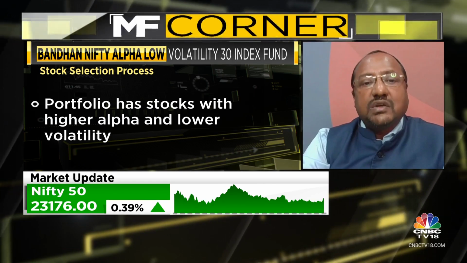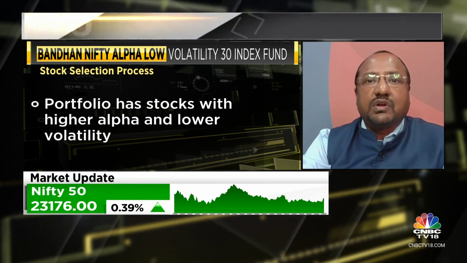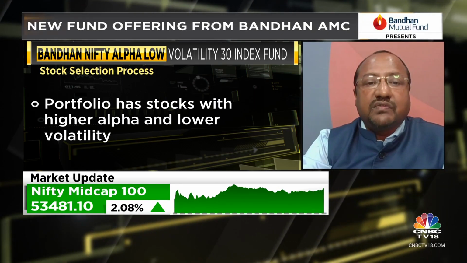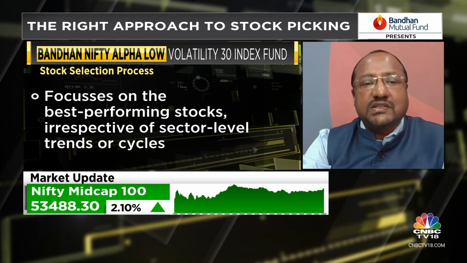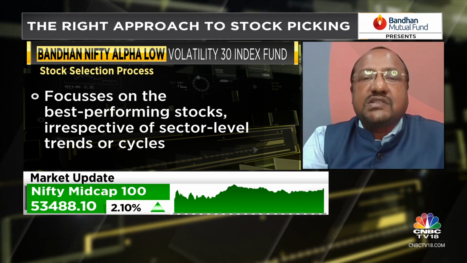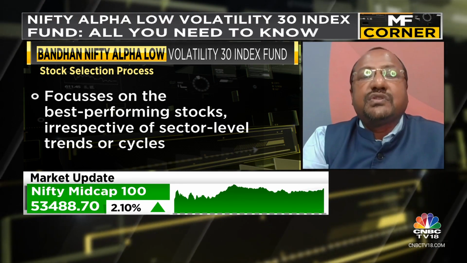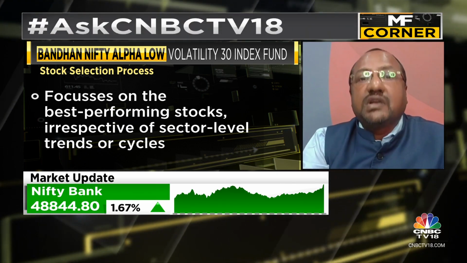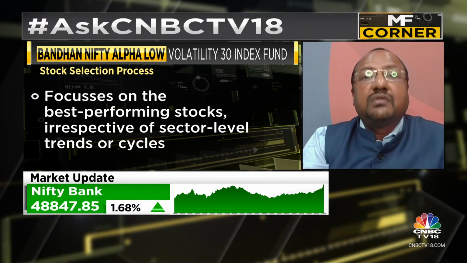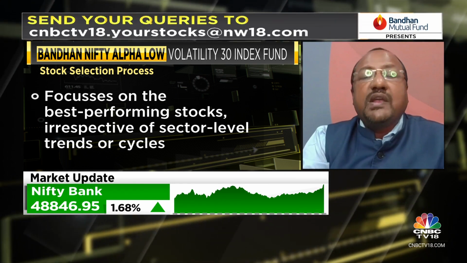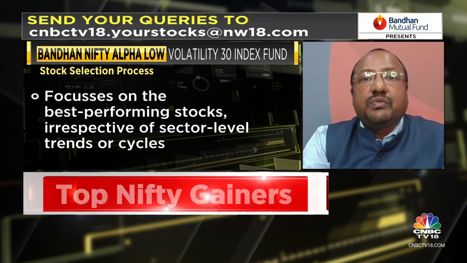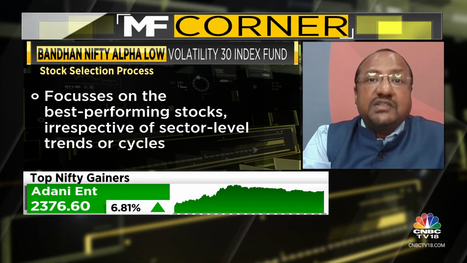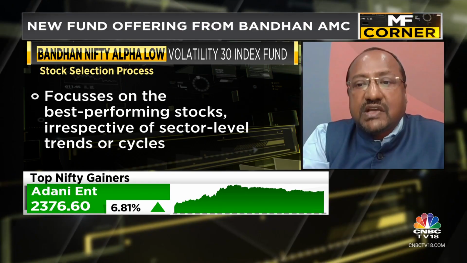Once we have the composite score, the top 30 from the 150 stock universe are selected. What we get in the process is a portfolio of stocks focused on delivering superior alpha, but with lower volatility. A very ideal combination, with maximization in return and optimization in risk, as we can see.